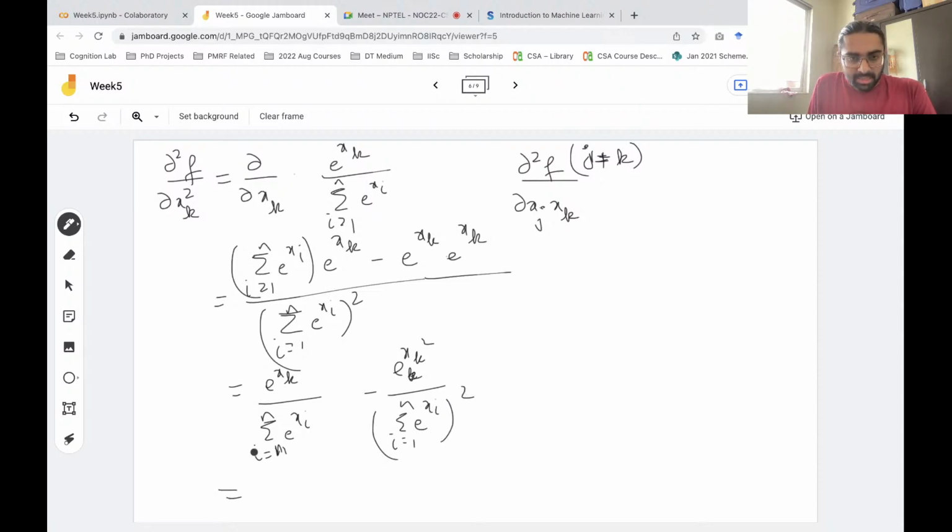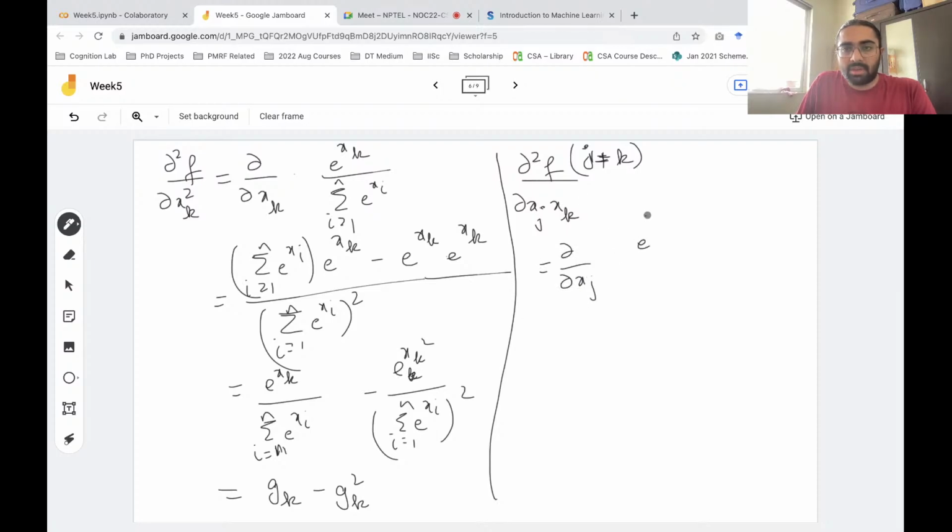So you can write this, we'll put this as gk or something so that it becomes easier. gk minus gk squared, and then a similar thing if you do here, you will get e^(xk) by the summation i equal to 1 to n of e^(xi), and as we can see, this first term will become 0 because ∂/∂xj of e^(xk), e^(xi), and e^(xk) will be here minus, and then you'll get e^(xj).